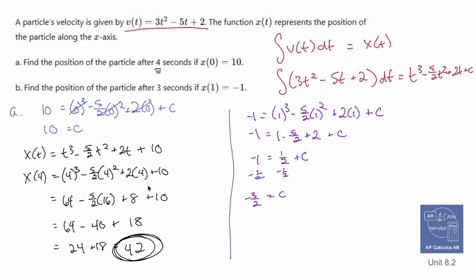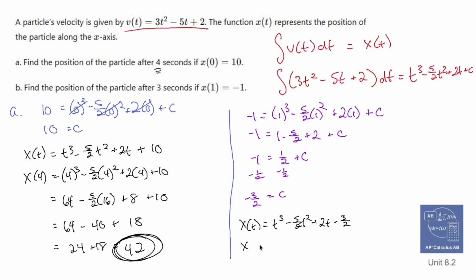So now I'm going to use this equation, but replace the c with negative 3 over 2. So that's my new function. This isn't going to be exciting at all. X of t is going to be t cubed minus 5 halves t squared plus 2t minus 3 halves.